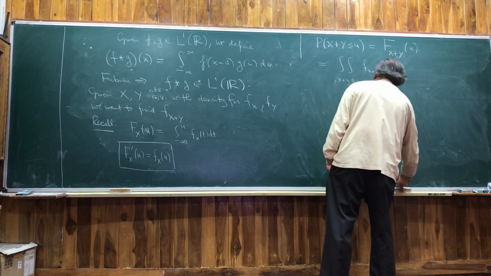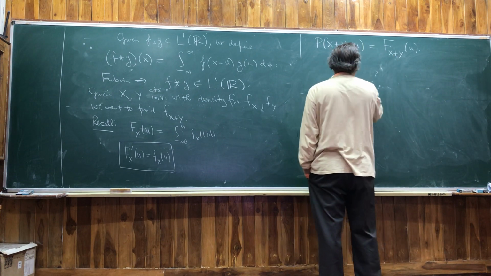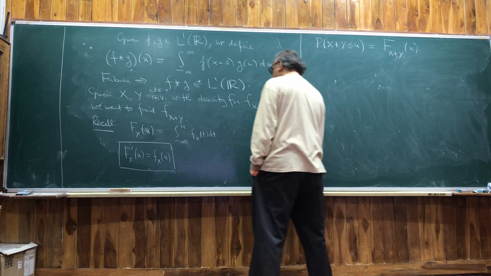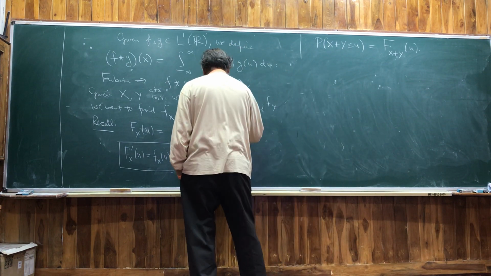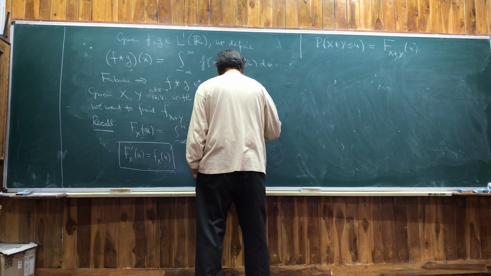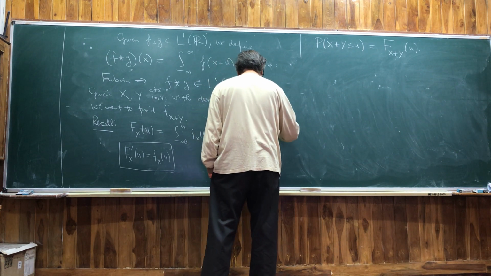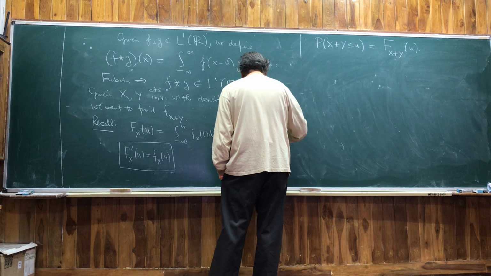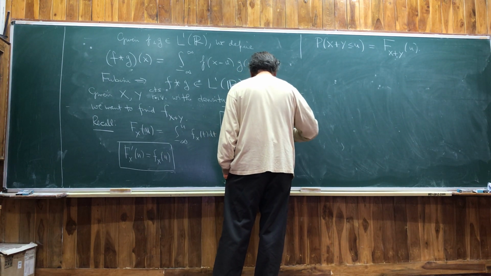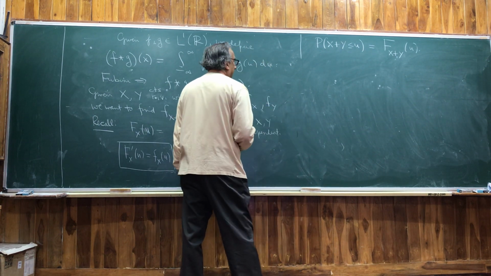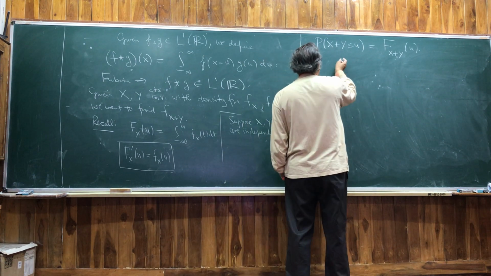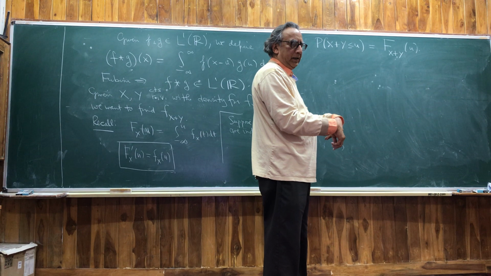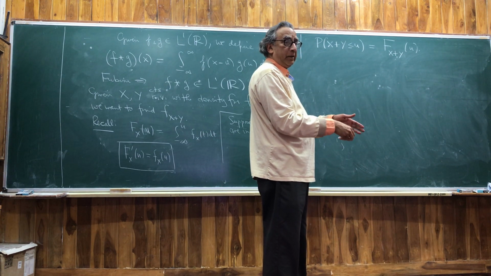Well, maybe I didn't say it, but I'm going to assume that x and y are independent before I continue. I should say that. So now suppose x and y are independent. The density function of x plus y is going to be a function of two variables.